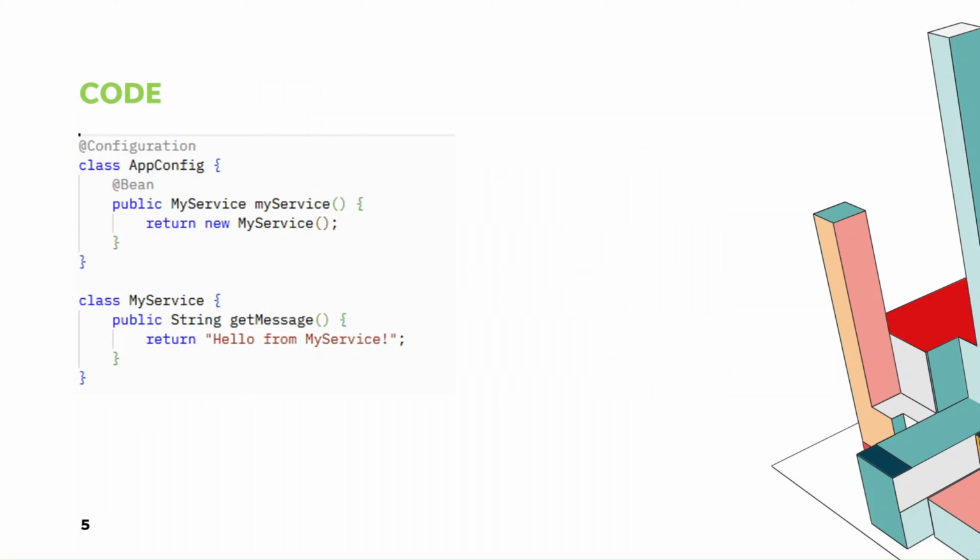This is the example code. I have created a MyService class and there is a method getMessage returning a String object.